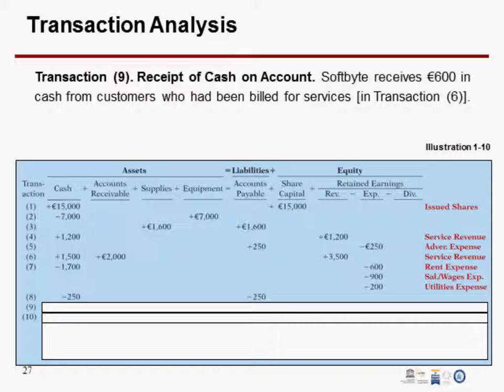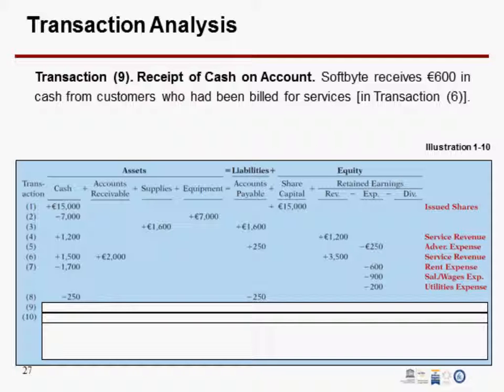Okay, so transaction 9, receipt of cash on account. SoftBite receives €600 in cash from a customer who had been billed for services in transaction number 6. In transaction number 6, there was a revenue of 3,500, and out of 3,500 euro, they received cash 1,500, and 2,000 was the accounts receivable.